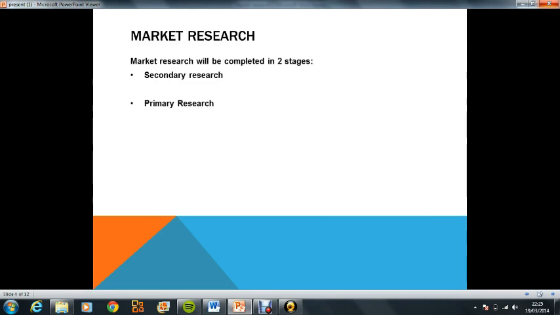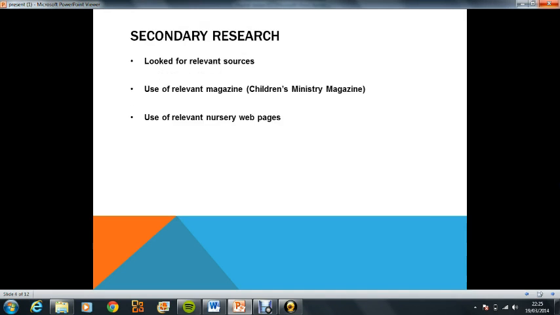The next section we're going to look at is the market research. We've conducted secondary research, which is the use of research that's been conducted by someone else that is relevant to our project. Then we look at the primary research that we took ourselves in order to gain the information we need towards this project. For the secondary research, we looked at relevant sources, mainly magazines like Children's Ministry magazine.